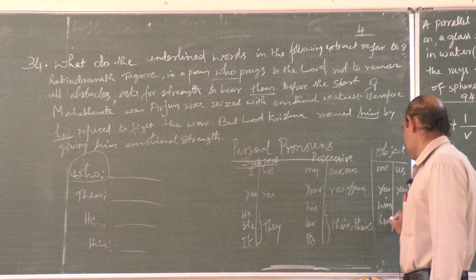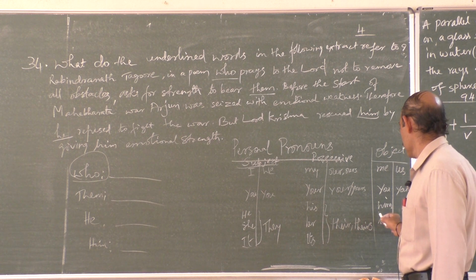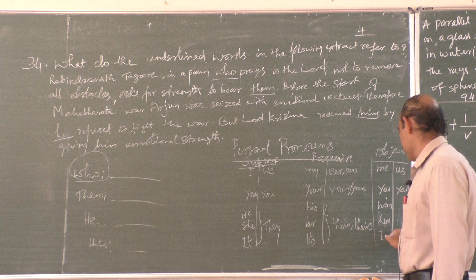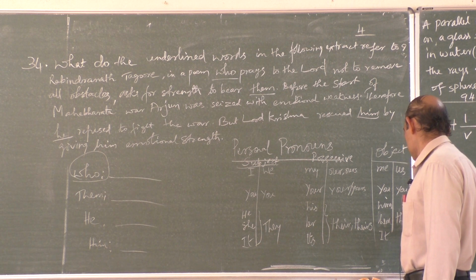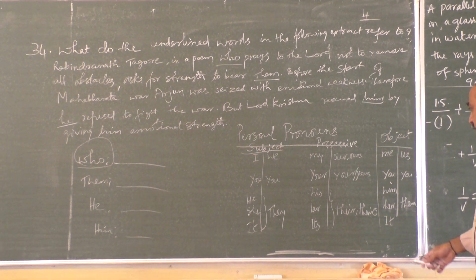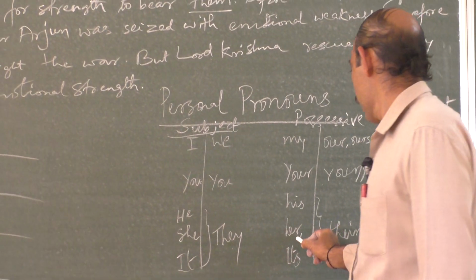Her, once again, her. Him is objective case, her objective case, it is also available, plural them. Sorry for the mistake. Him objective case, her, once again her. Here hers is also available.